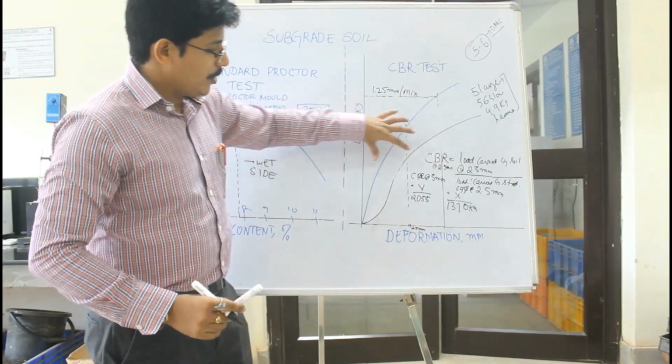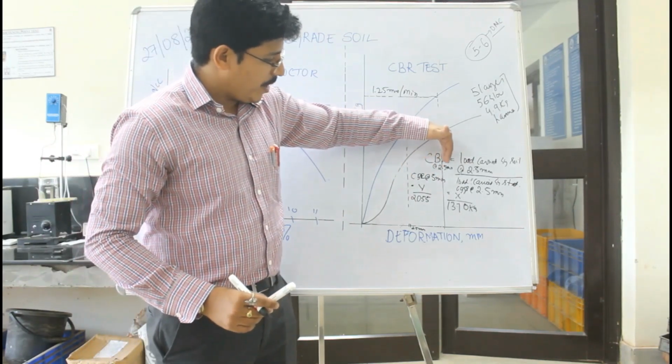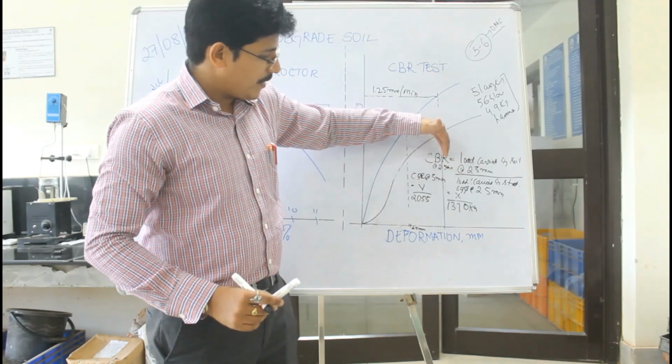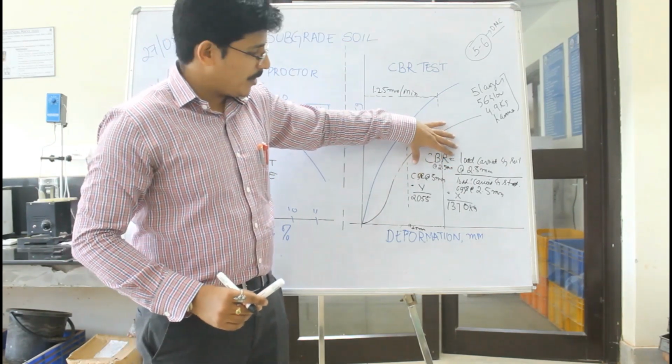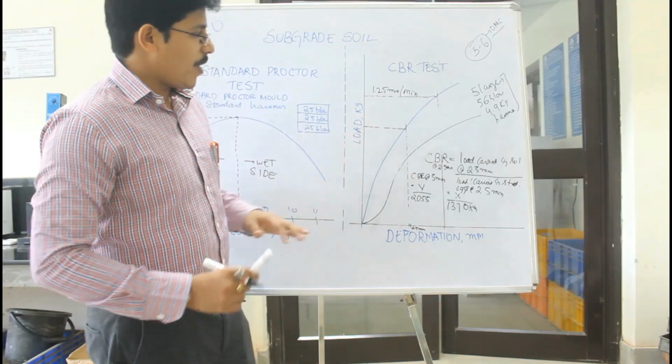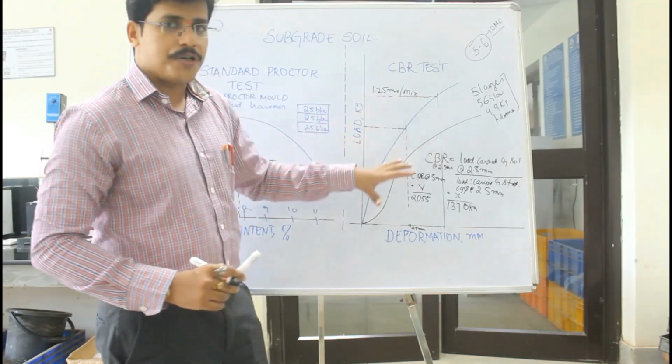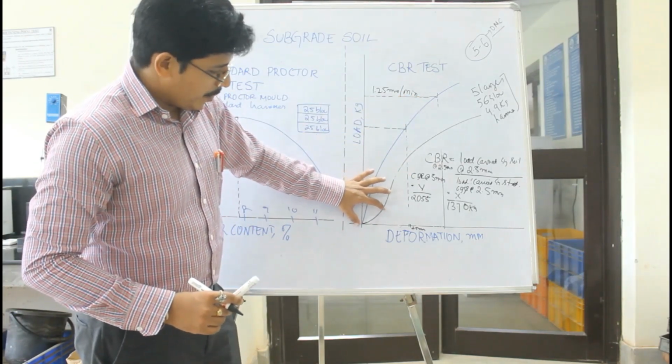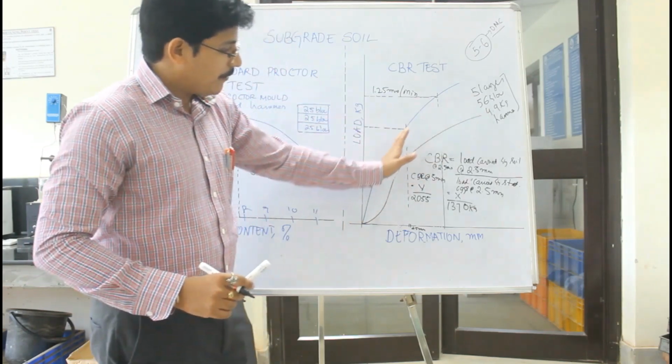Normally the CBR at 2.5 mm will be higher than at 5 mm, and we take this as the CBR value. But sometimes when you plot the load deformation graph, the initial shape may have a different curvature.